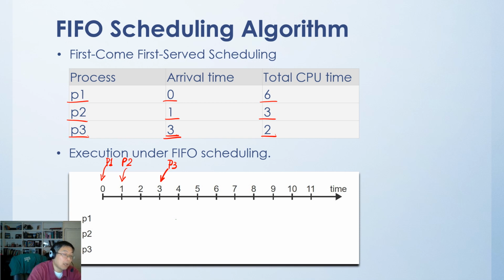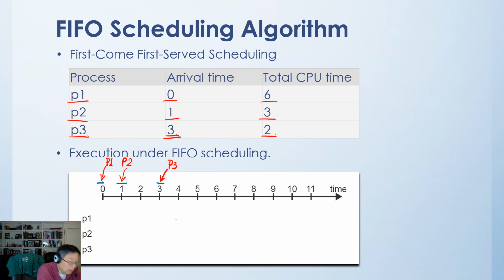Now, how can we schedule the execution of these processes? Let me change the color. Let's say process 1 arrives at time 0, process 2 arrives at time 1, and process 3 arrives at time 3.